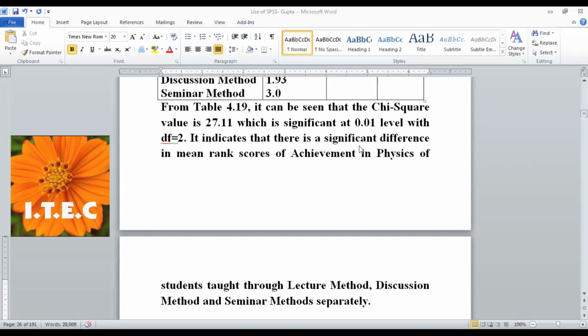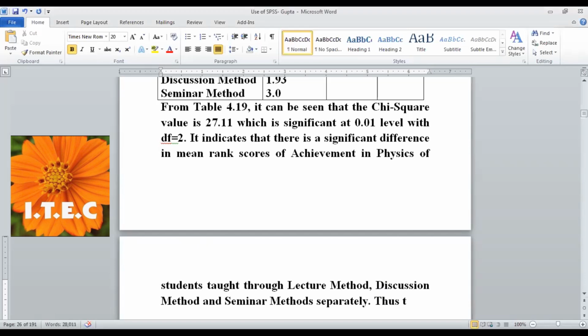So it indicates that there is a significant difference in mean rank scores of achievement in physics of students taught through lecture method, discussion method, and seminar method separately.